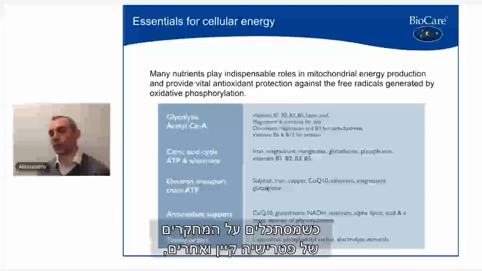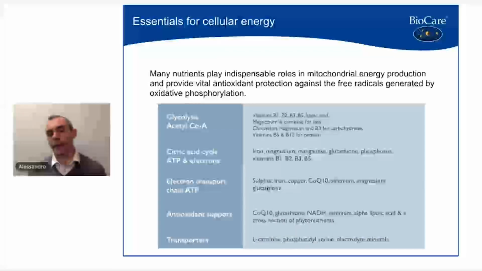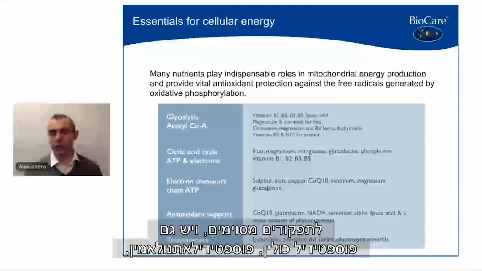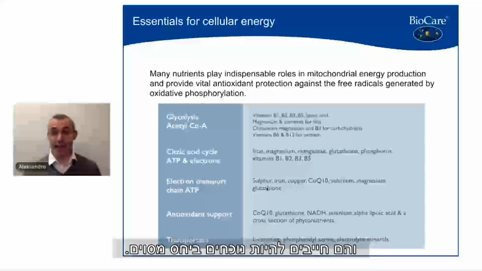Looking at the work of Patricia Kane, Shida Puria, and others, there has to be a ratio between phosphatidyl groups and function. So serine is more for certain functions, and then you have obviously phosphatidylcholine, phosphatidylethanolamine, and these have to be present in a certain ratio.